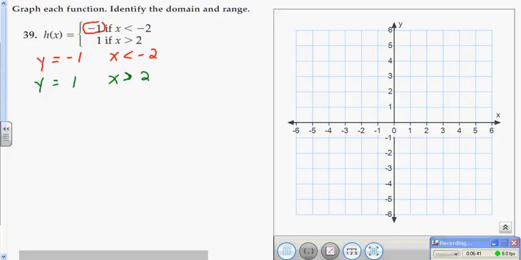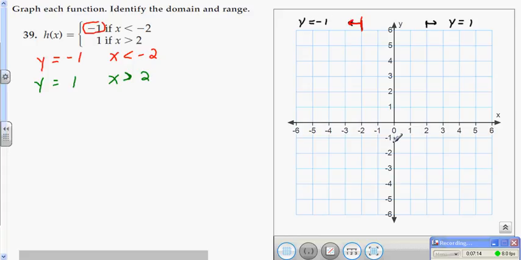Now what that does is it takes your graph and separates it and says that anything less than -2, so basically this point and to the left, not including that, of course, we are looking at y equals -1. When we're looking to the right of 2 on the x-axis, so basically here and to the right, we're looking at the function y equals 1. So if we graph the red one first, we would say from this point on and to the left, we're going to graph y equals -1.